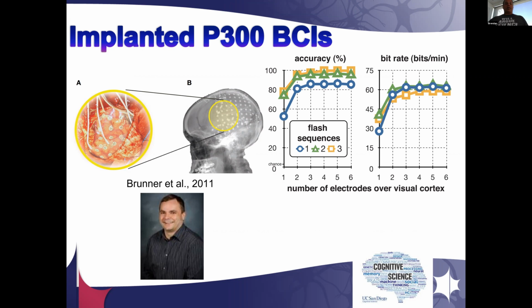There have been, of course, a lot of papers involving ECoG and other implanted approaches that have been very interesting and effective, but there hasn't been a lot with communication with P300 or other types of visual evoked potentials. And so perhaps we'll see more of these, especially since research and clinical applications involving ECoG are continuing to increase.